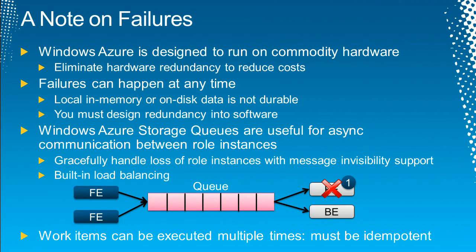Yes, the question is, could you get into a position where, let's suppose that there are some items on the queue that, because it's a malformed work item, cause your role instances to crash. Could you get into a situation where you've got a poison message that always causes something to crash and it just takes down each backend that picks it up?